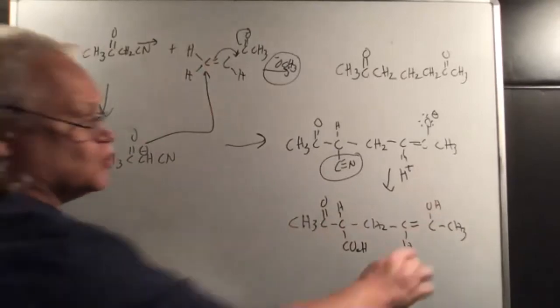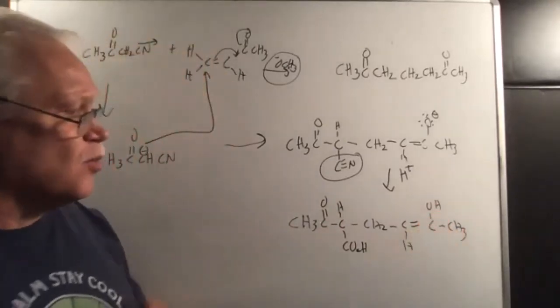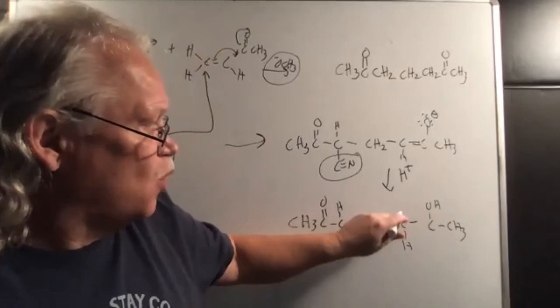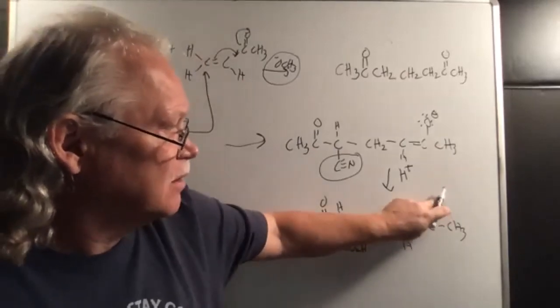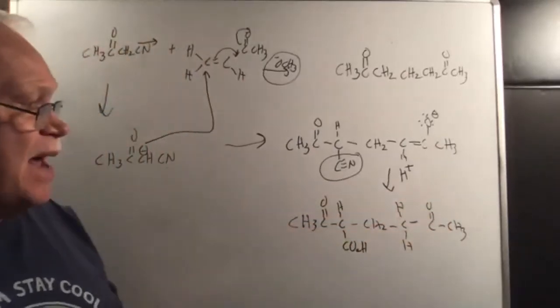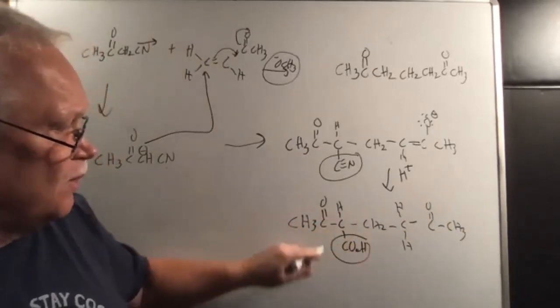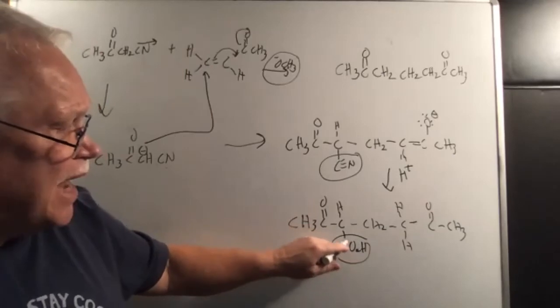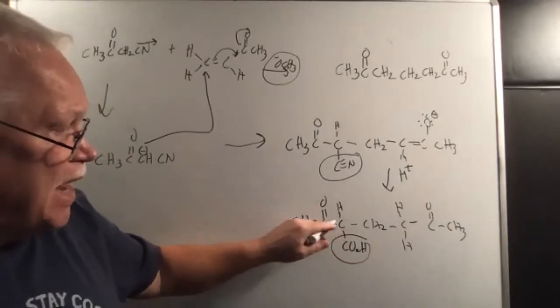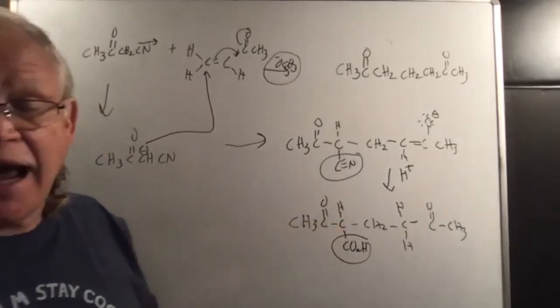Now again, notice we have a keto-enol tautomerism here. So we can fix that to get that product. Again, notice what we have here. We have a carboxylic acid group. So we have a beta keto carboxylic acid.